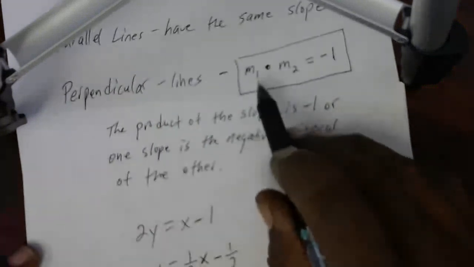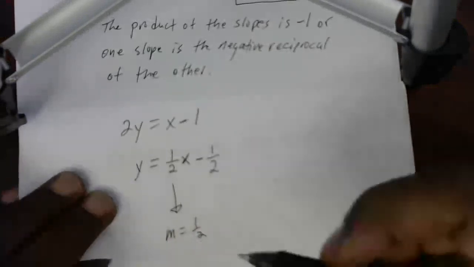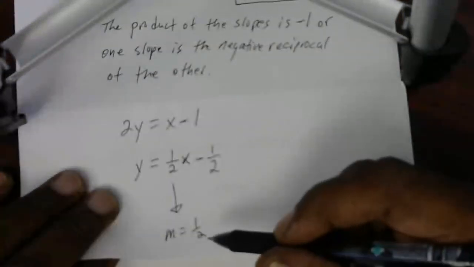Right. So now if I'm looking up here, you see this m sub 1 and m sub 2. M sub 1 would just be the slope of one of your lines.